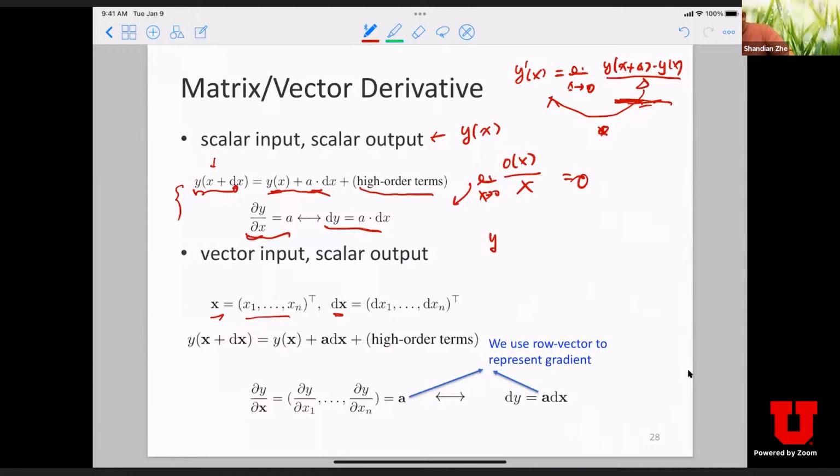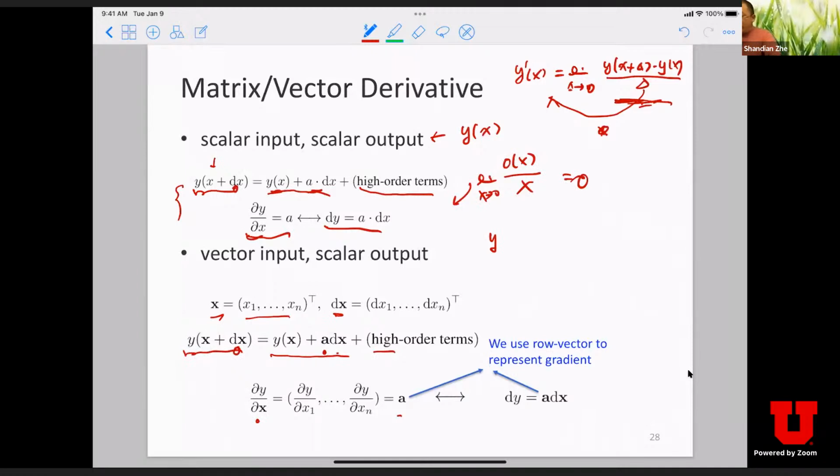And then if we can write down the function value after you perturb x by a small delta, which is dx, in this form, meaning y(x) plus some row vector a times dx, then plus some higher order term, then we define partial y over partial x, which is a vector, by a.